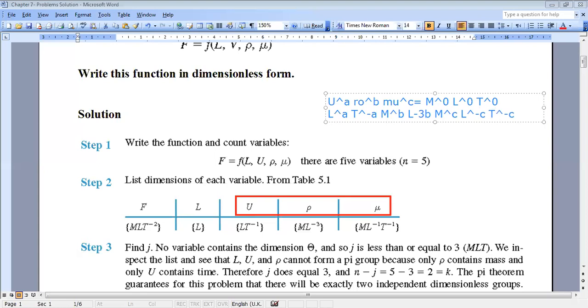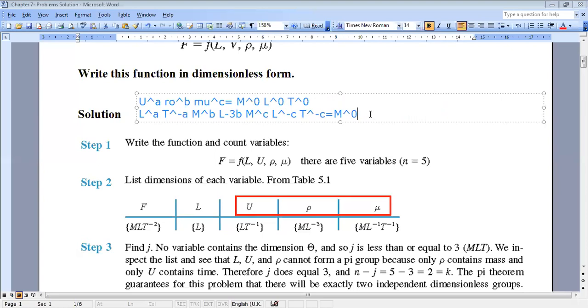This should be equal, in dimension, to M to the power 0, L to the power 0, and T to the power 0.